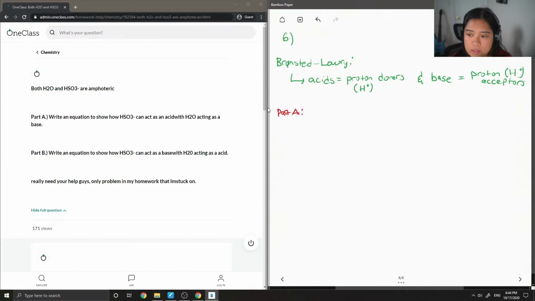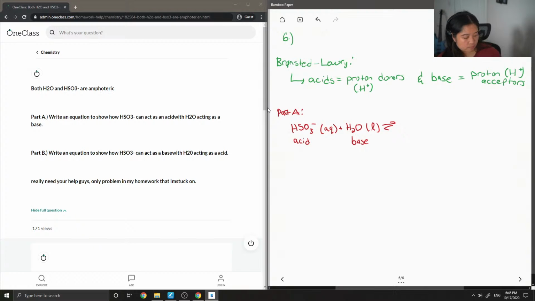I'm just gonna write down the reaction. Since this one is the acid, it will act as a proton donor, and then the water will act as a proton acceptor.